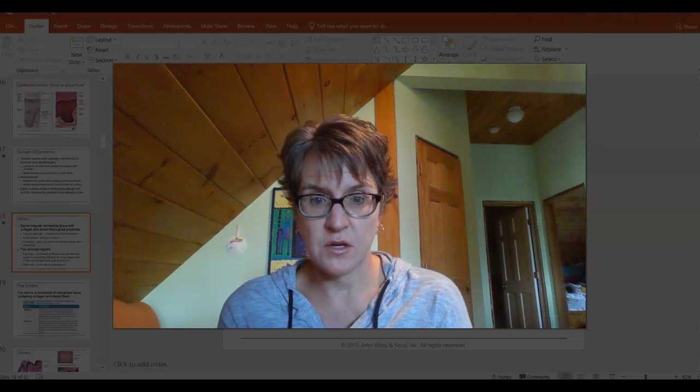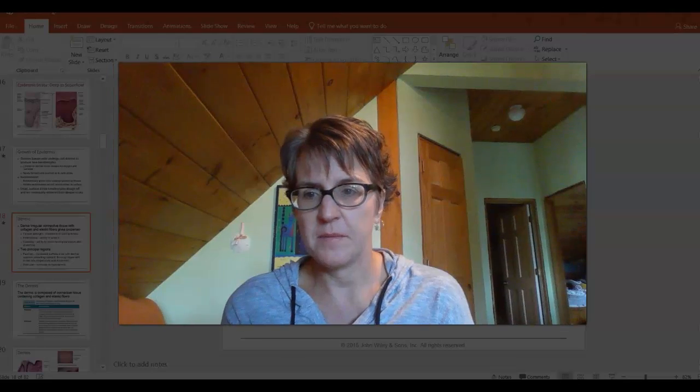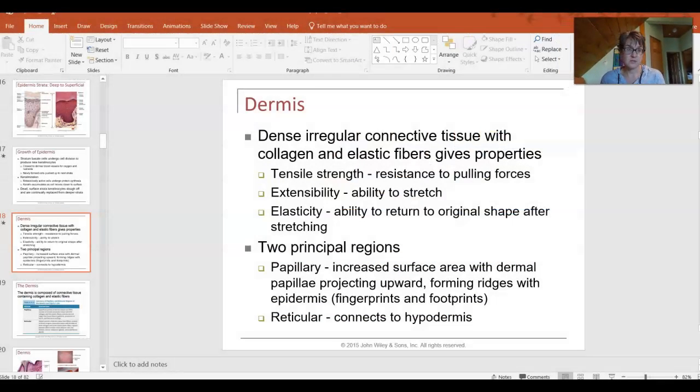And now we're going to continue on with the dermis. So the dermis has where it's all at. The dermis has the fibers in it, collagen fibers and elastic fibers, giving your skin the pliability, making you be beautiful and unwrinkled. Must be nice.